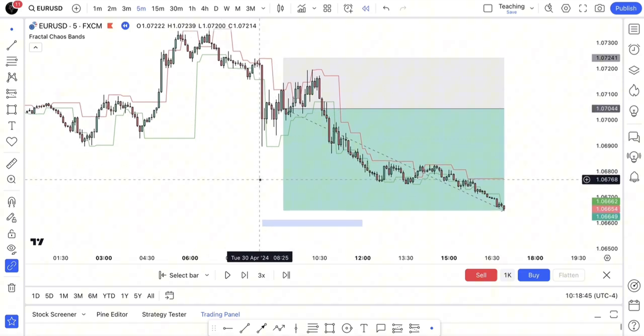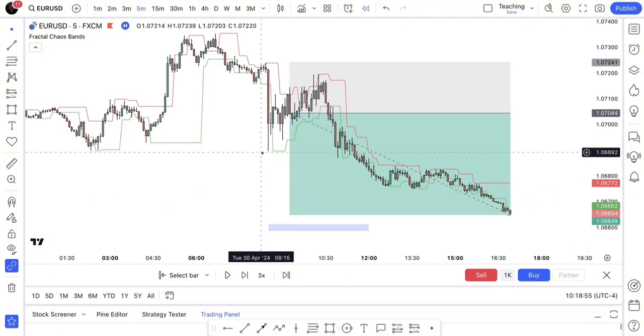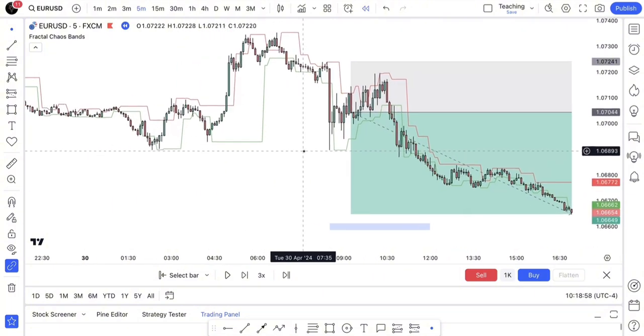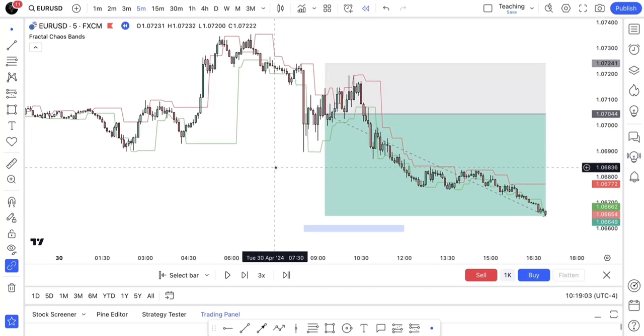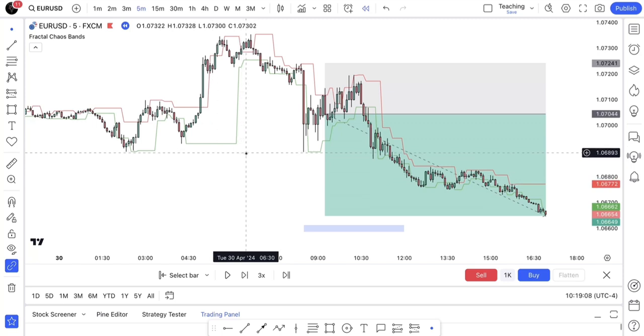So thank you, guys. This was the overall gist of trading using the Fractal Chaos Bands, and I hope you like it. But of course, using these kind of indicators alone can be troublesome for some of us, so you can use them with other tools.